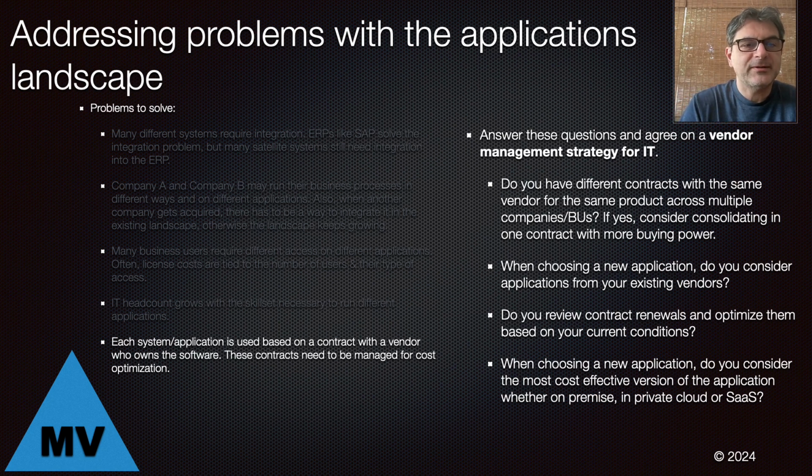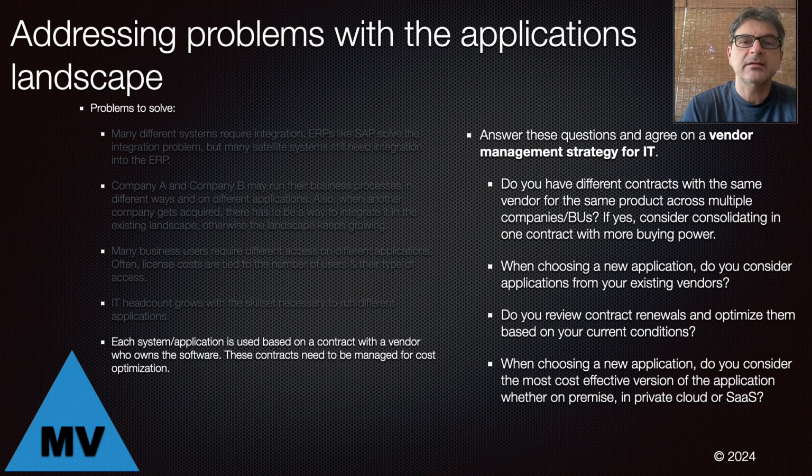Okay, one more. Each system application is used based on a contract with a vendor who owns that software. These contracts need to be managed for cost optimization. Answer these questions and agree on a vendor management strategy for IT. Do you have different contracts with the same vendor for the same product across multiple companies or business units?